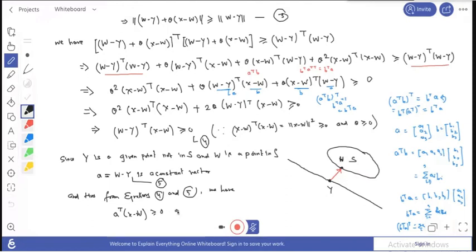Or you can write this as A transpose X is greater than or equal to A transpose W. Suppose this is equation number 6 here.